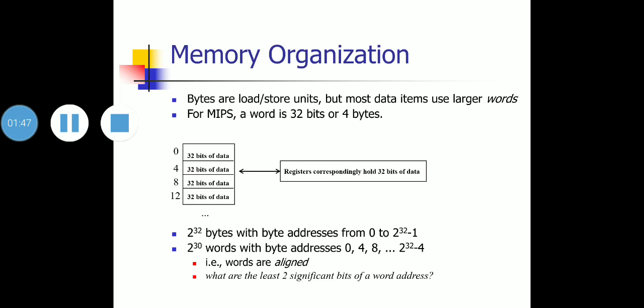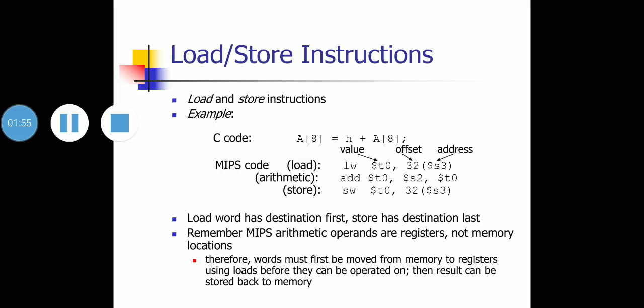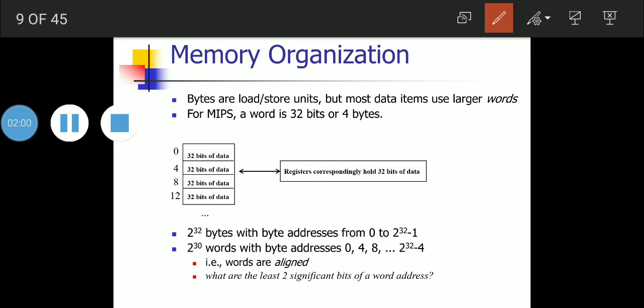Most data items use large words. For MIPS, a word is 32 bits or 4 bytes. If we address the memory, the address is not sequential, that is not 0, 1, 2, 3. It is 0, and 4, and 8, and 12.